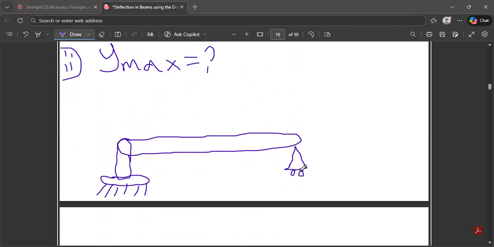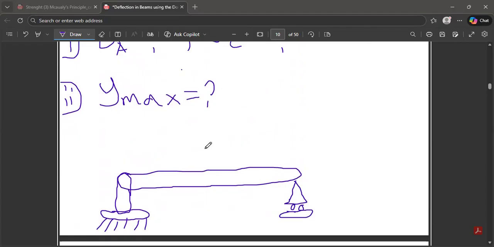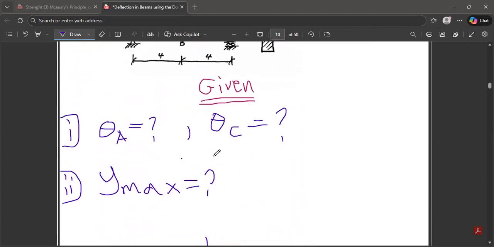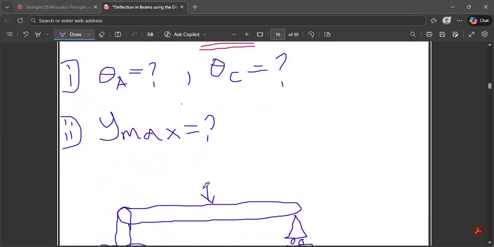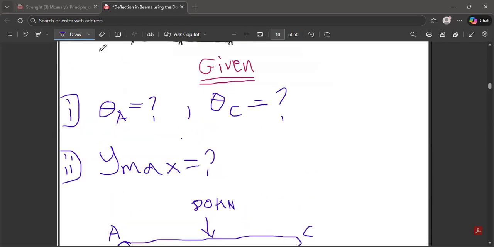Anytime you see this, don't get confused. I told you this is the same as a roller. And the point load on top of it was 80 kilonewton. This point is our A, this point is our B, and this point is our C. Finally, we can say that this is our original problem.